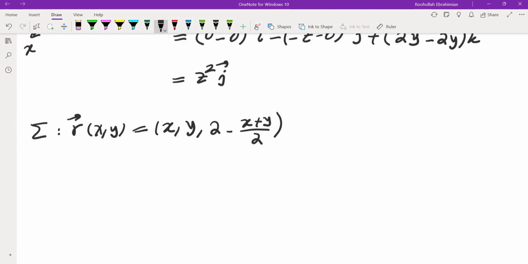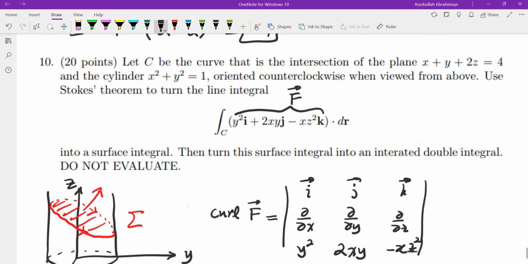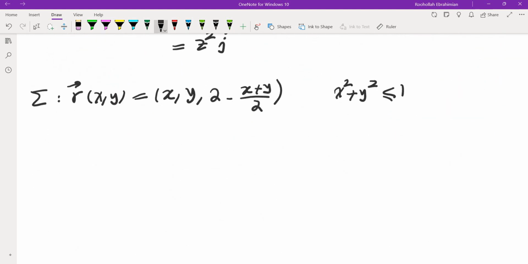So this is the parameterization, and x and y are inside the circle, and the radius was 1. Now we'll have to find a normal vector. So r_x cross r_y, we have a formula for that: negative f_x, so that's 1/2, negative f_y, and 1.